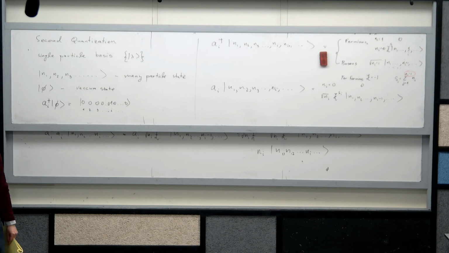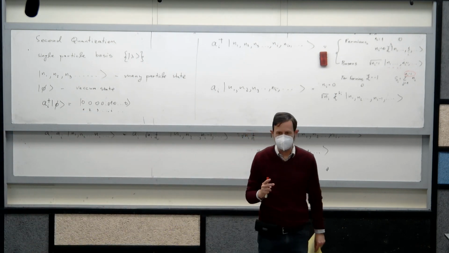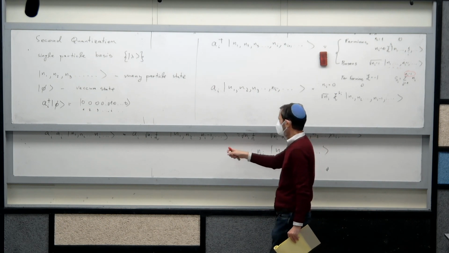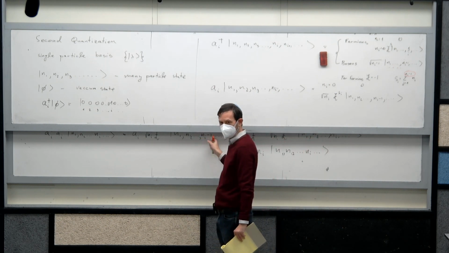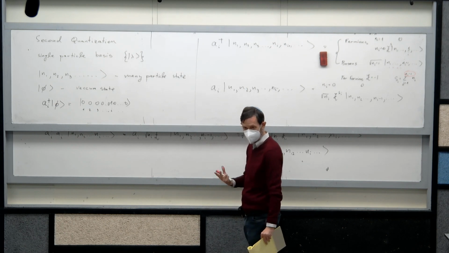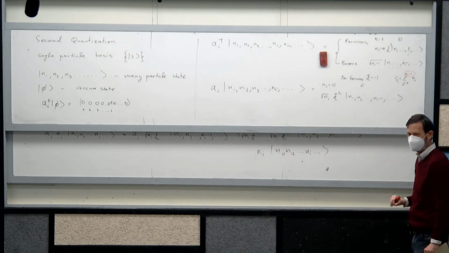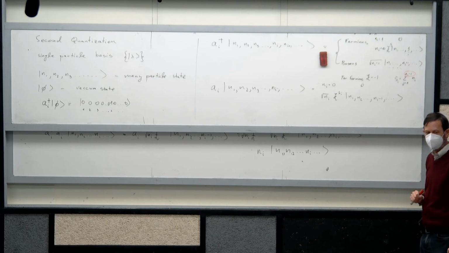Life becomes interesting, and towards the end of this lecture we'll see, when I'm annihilating a particle at one point and creating it at a different state, then things change, of course. Please. Why do we have this term?